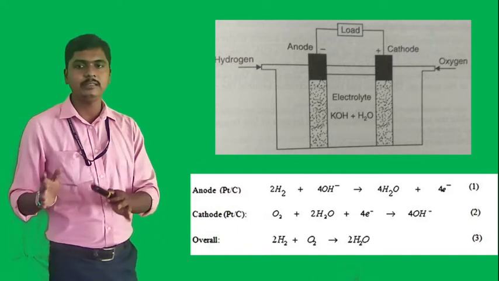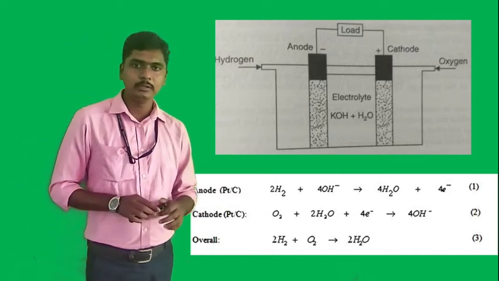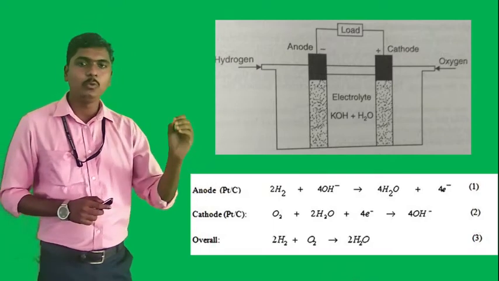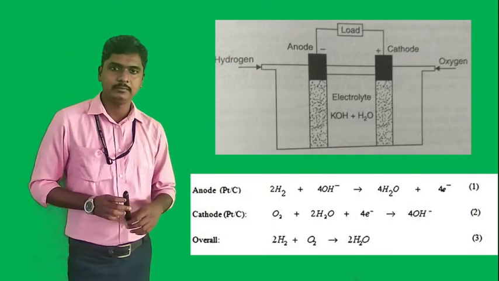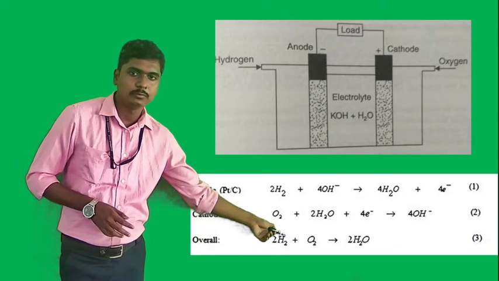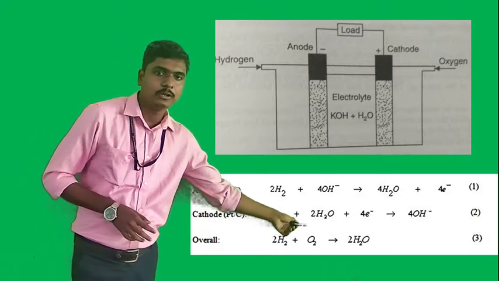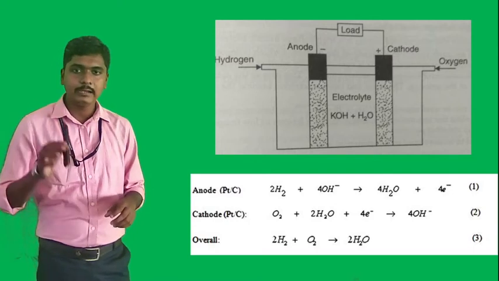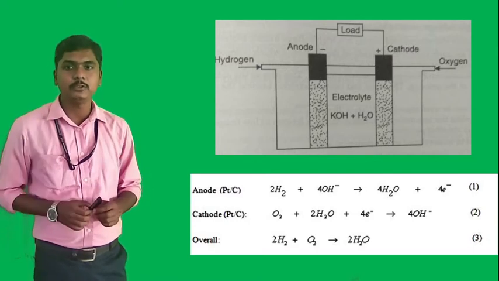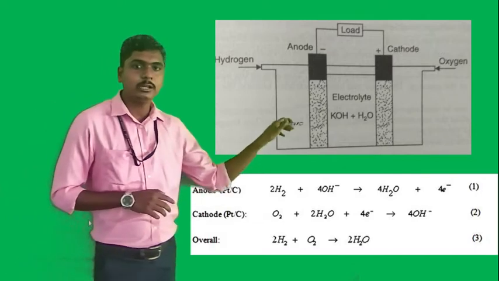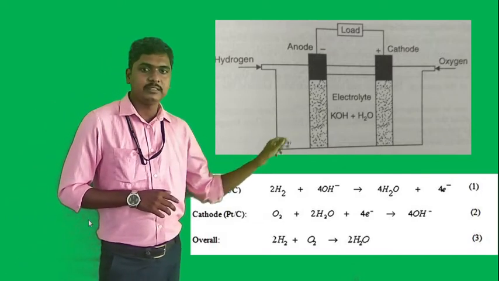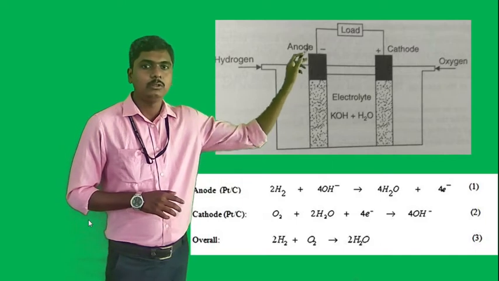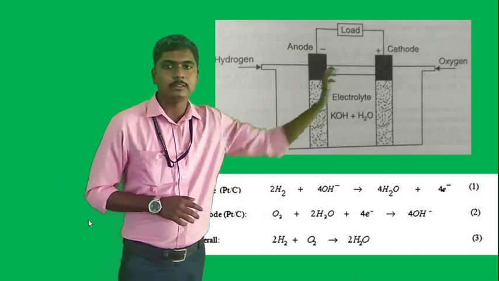So that's why in the definition itself I told you, in this reaction as a byproduct we will get water and heat. This is the proof. As a byproduct overall we are getting some water, and we are getting electricity as well. Why? Because the electrons generated at the anode flow from the anode through the load to the cathode.